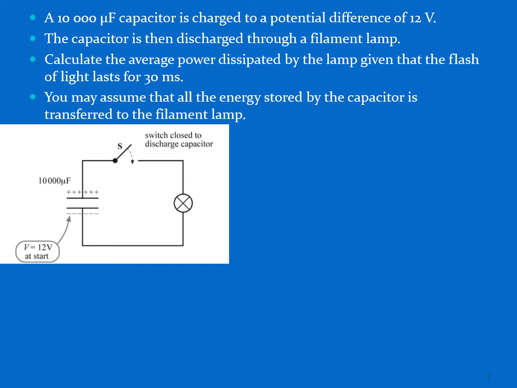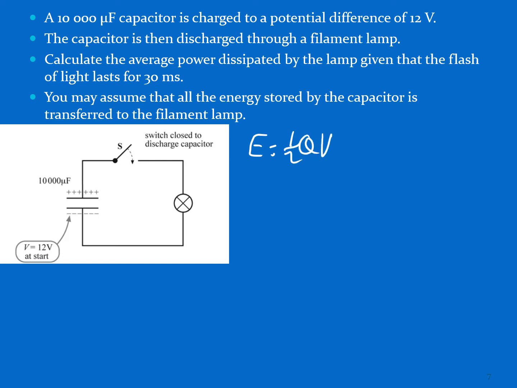So the first thing we need to do is find the energy, because we want to find the power. The energy stored in a capacitor, as we've shown, is equal to half QV.